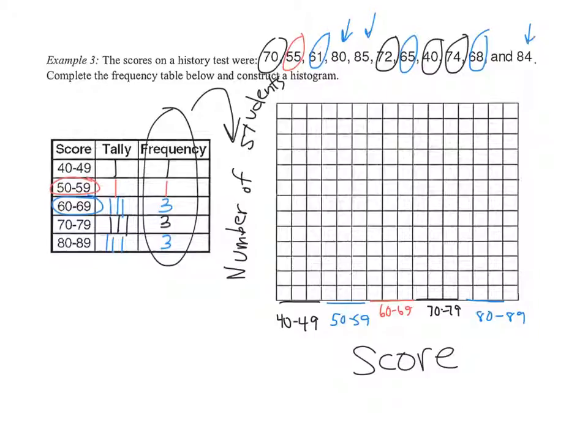For number of students, the highest we go is 3. So actually we can go up by more than 1. The scale has to go up at an even number.